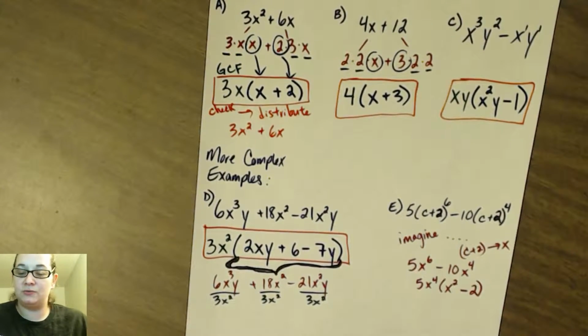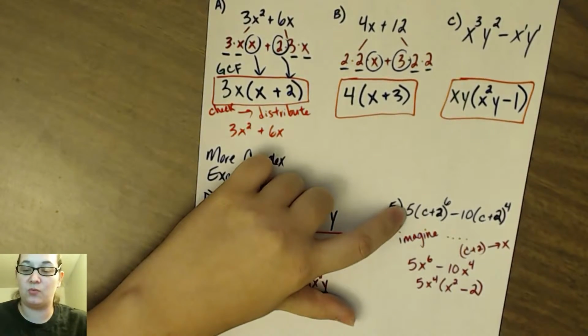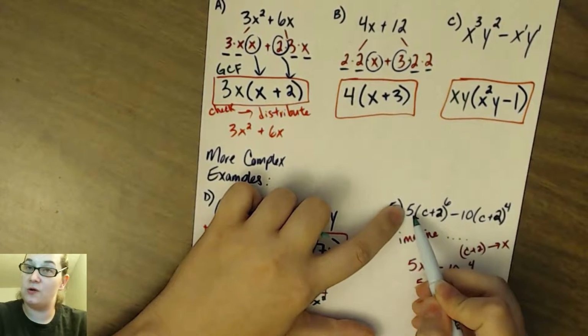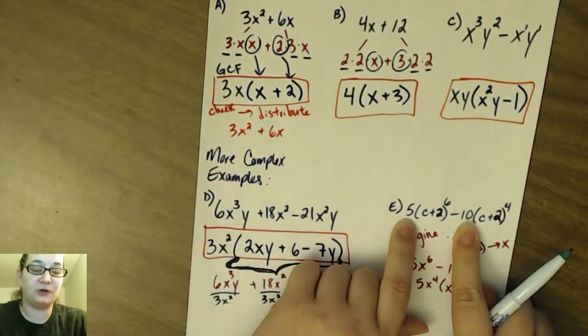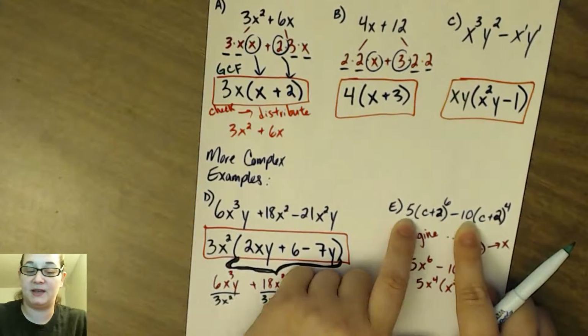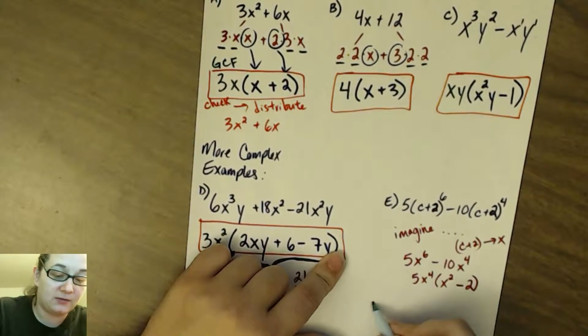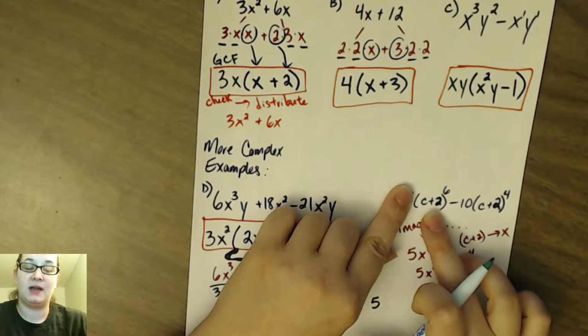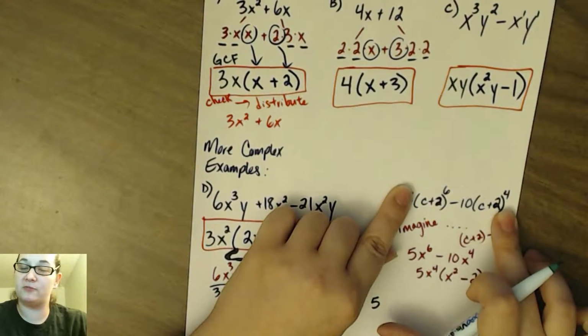I want to do the same thing with what I actually have. So I have a number, a coefficient, and I look at the coefficients first and I say, oh, well, 5 and 10 share a 5 in common, so I pull that 5 out. And then I have some quantity, and I have 6 of them over here and 4 of them over here.